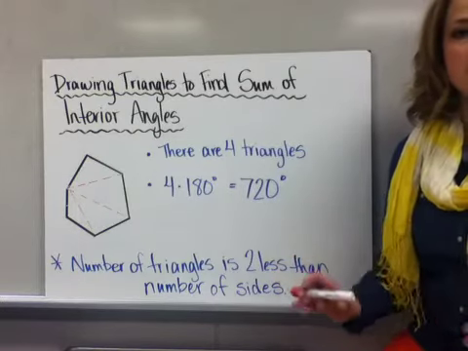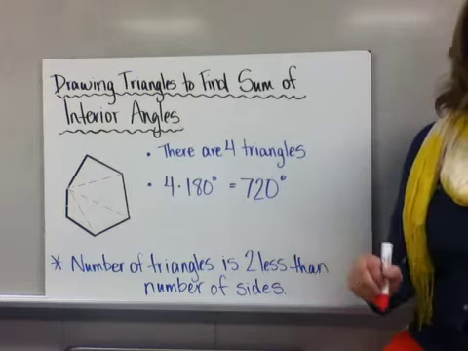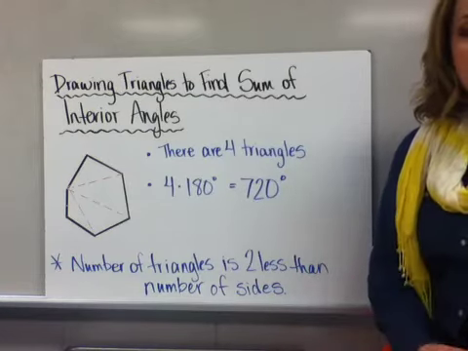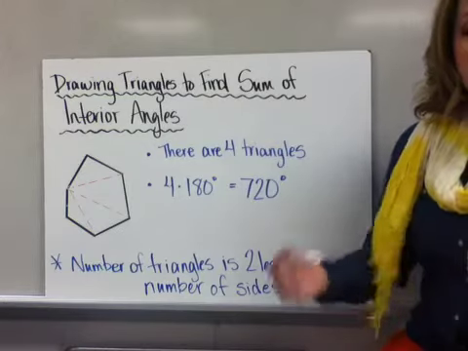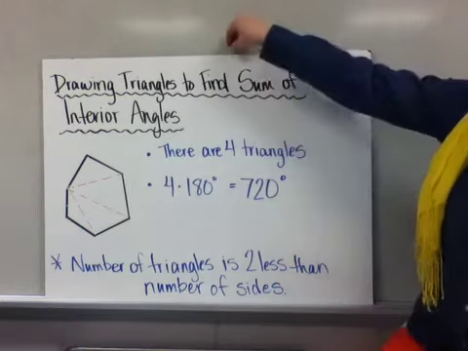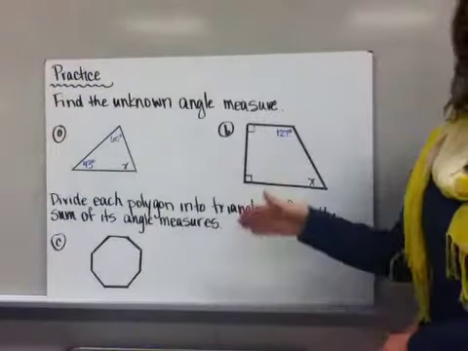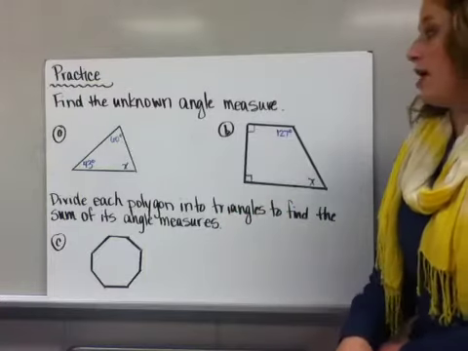No need to try to draw a 23-sided figure and split all that up. You can take the number of sides, subtract 2, and that tells you how many triangles. And from that, you can find the sum of interior angles. Go ahead and pause and practice these problems, and again, draw these figures in your notes.